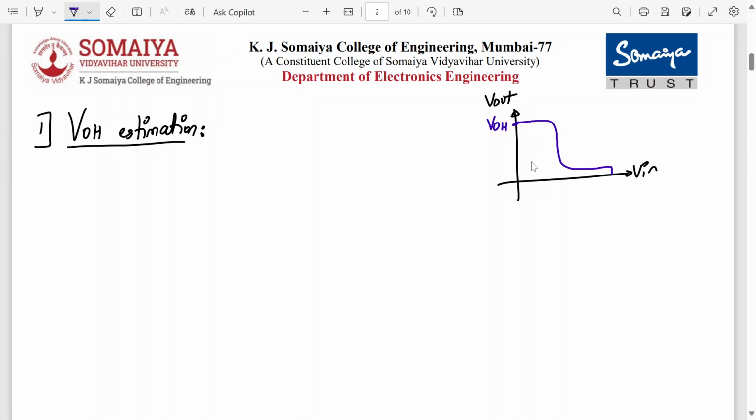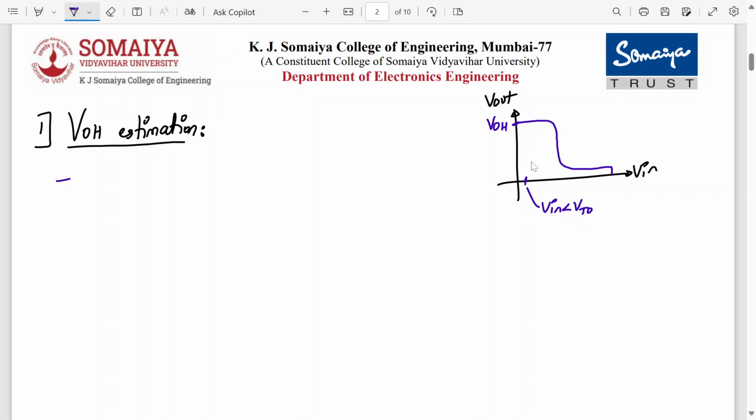Okay, so what we can say over here, for the input voltage is very low. So here correspondingly for input value which is lesser than VTO, here we can say Vin is less than VTO. Okay, very much less than VTO. So for very small values of input, my NMOS driver becomes off.